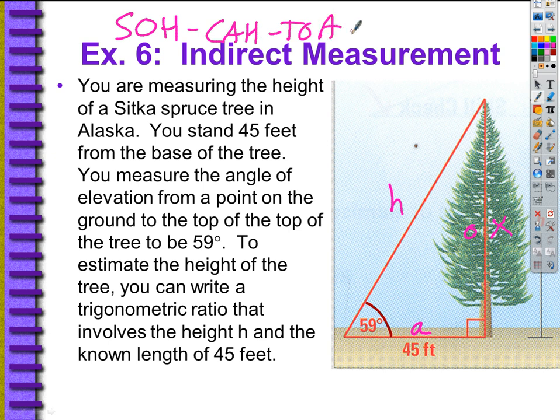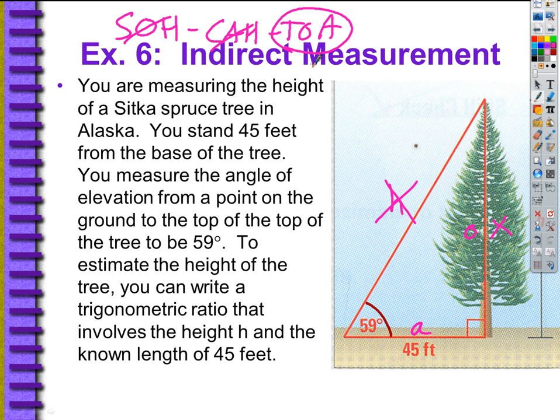Which one do we want? First, second, or third? Probably the third, right? We don't want the first because we don't want hypotenuse. So we don't want that one, and we don't want that one. We want the one with no hypotenuse. So what's that trig function called?